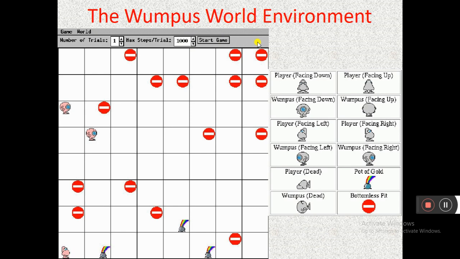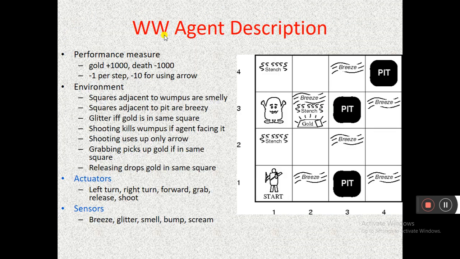So the Wumpus world environment, the environment means in which you are playing the game. This is a Wumpus world environment. As you can see, there are boxes and some pits. Here is the Wumpus world agent description. Performance measure: gold plus 1000, death minus 1000, minus 1 per step, minus 10 for using the arrow. This is a game that you can also download on your mobile phone and play.